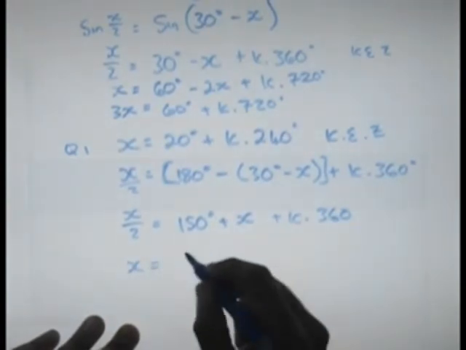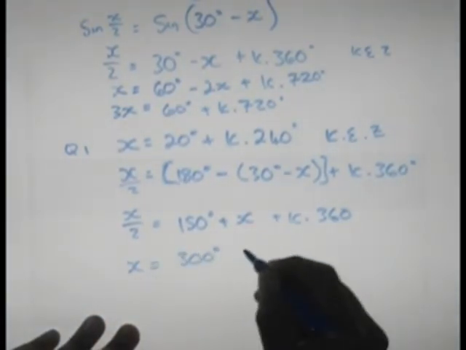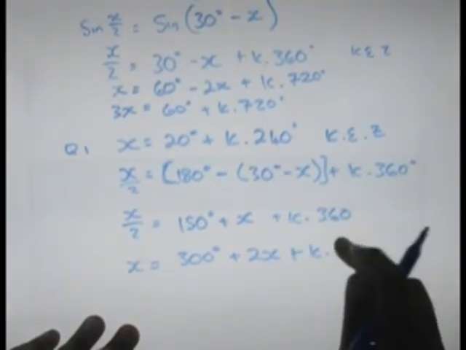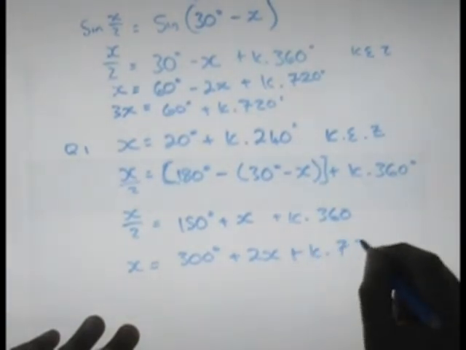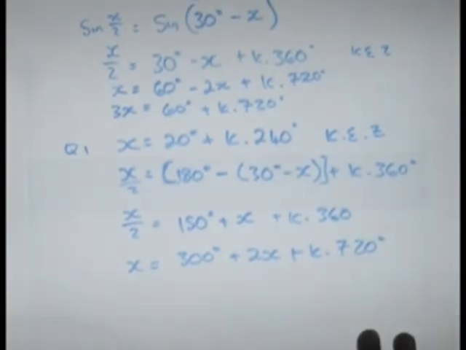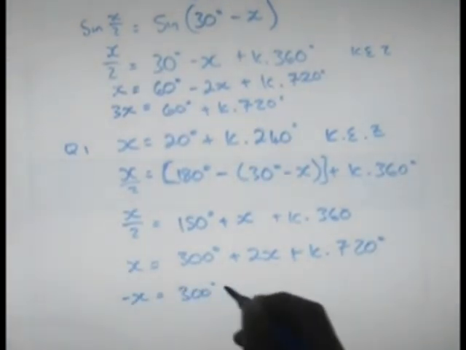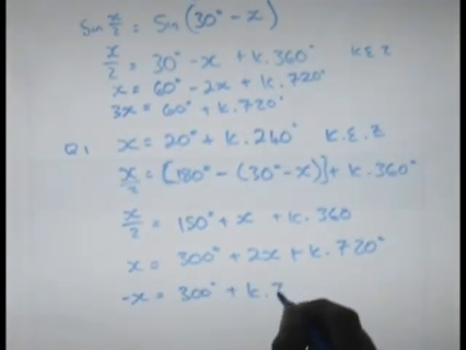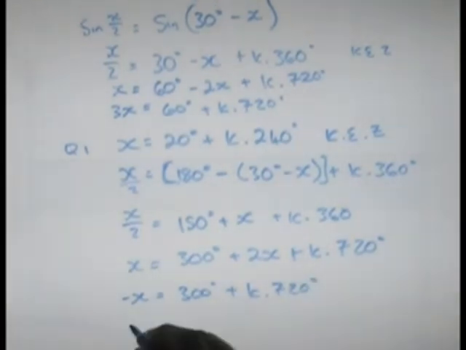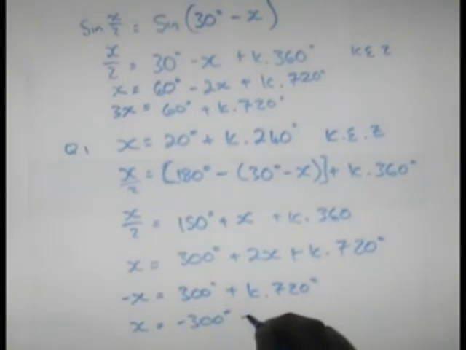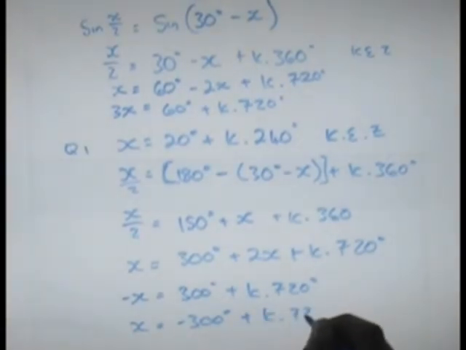That means that x is equal to 300 degrees plus 2x plus k times 720 degrees. X minus 2x is going to give me minus x is equal to 300 degrees plus k times 720. That means that x is equal to negative 300 degrees plus k times 720.